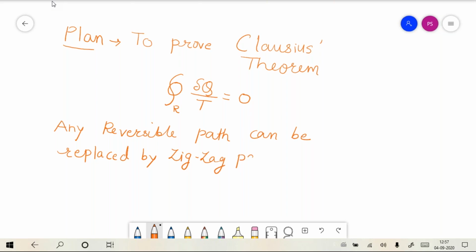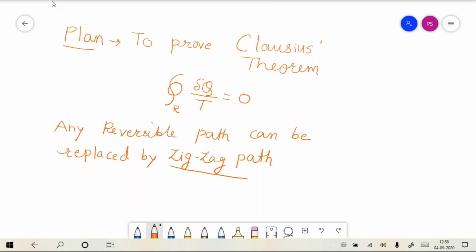And what are the three processes? Of the three processes, two would be reversible adiabatics. And because we have already proved that two reversible adiabatics cannot intersect with each other, there has to be some process in between.